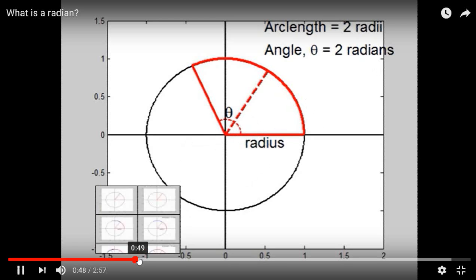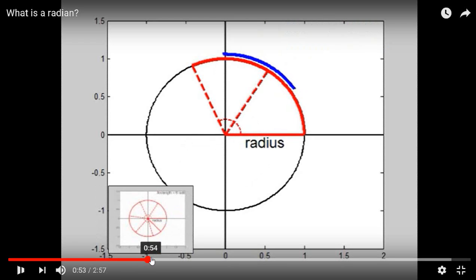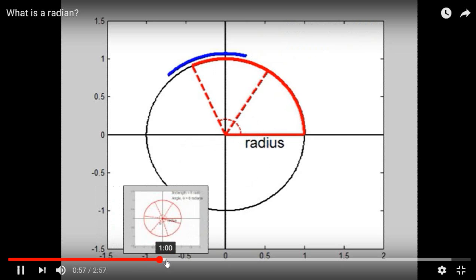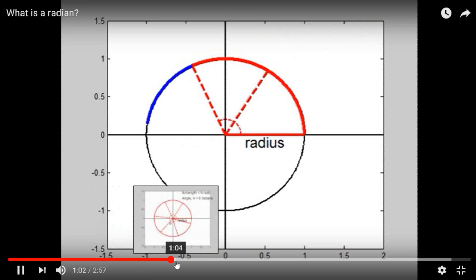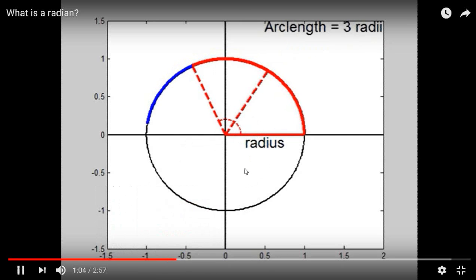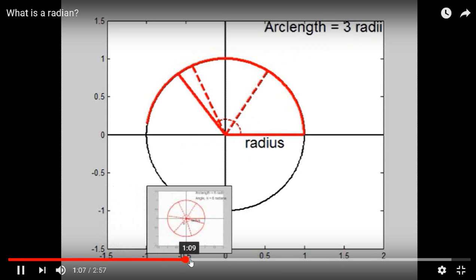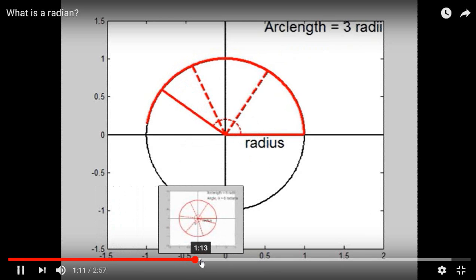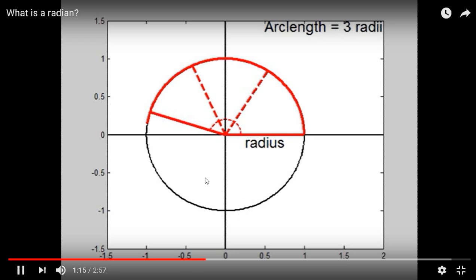So now I'm going to skip ahead a little bit. Come on, keep going. So 3 radii make what angle? Come on, 3 radii make what angle? 3 radians. You see how, though, it doesn't line up with 180 degrees? Not exactly.